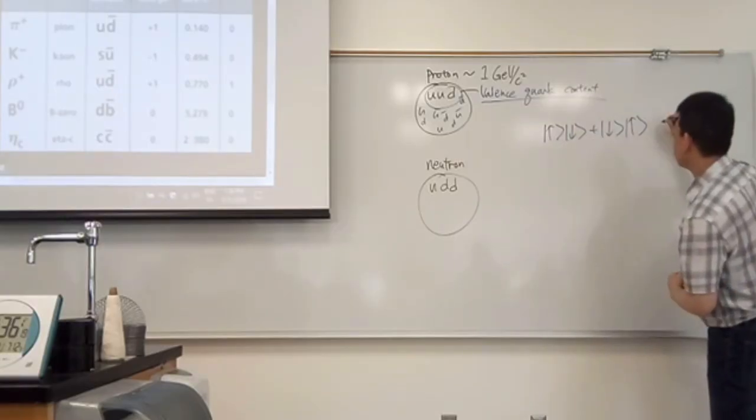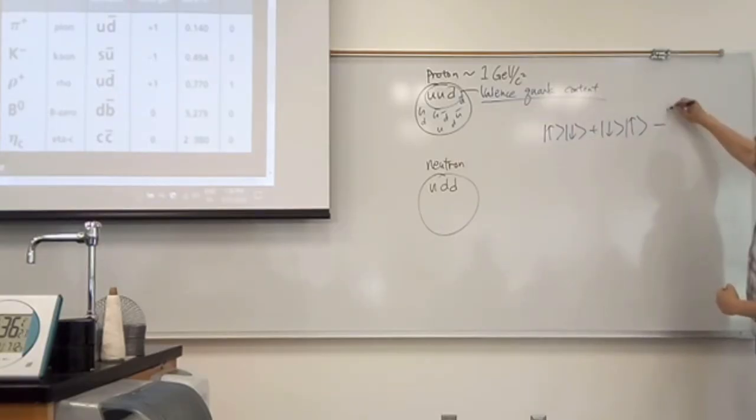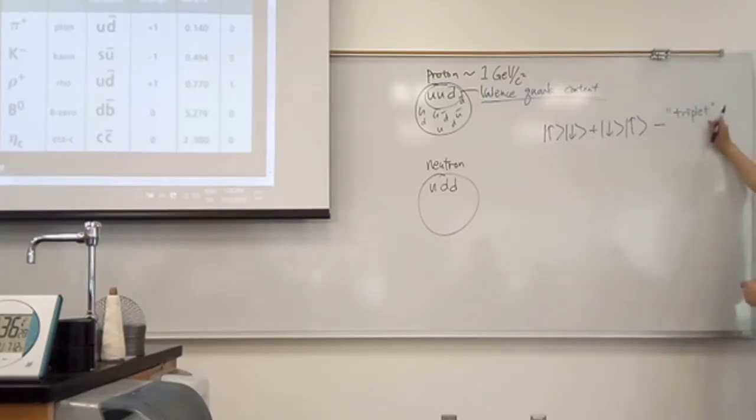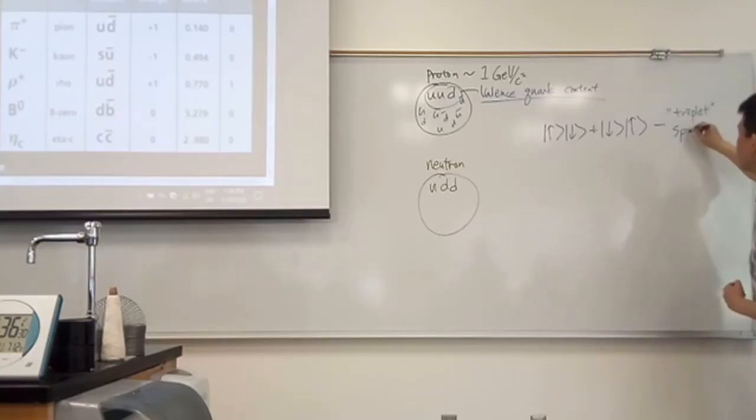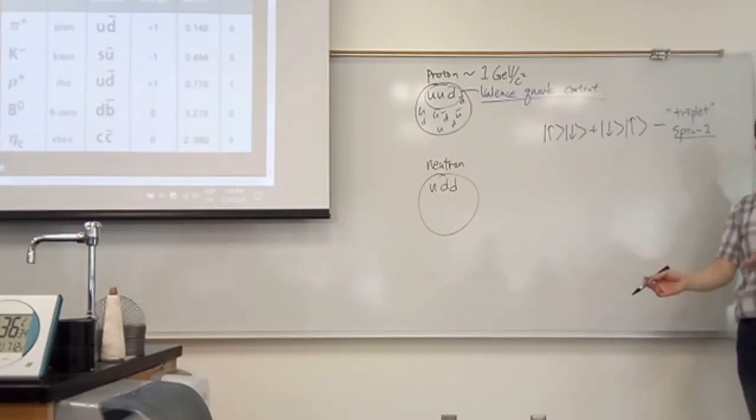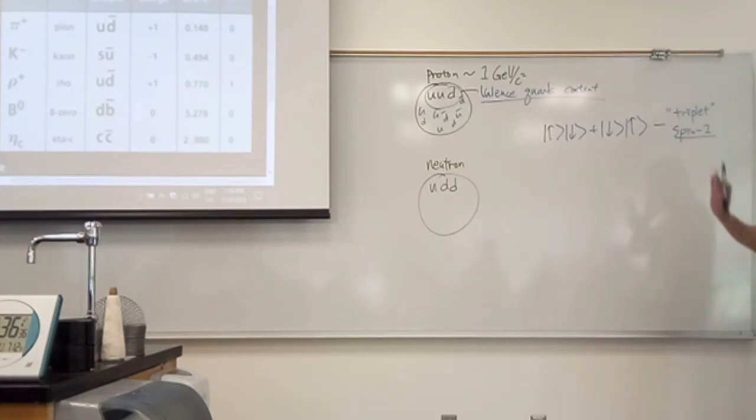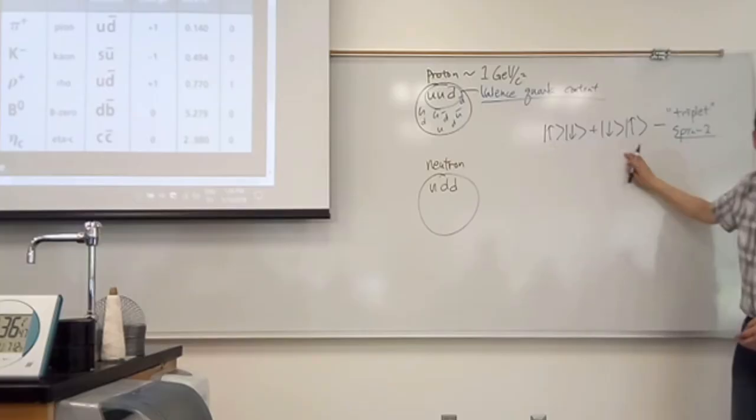When they're combined in this way, this is what's known as triplet configuration. And the reason it's called a triplet is because this is a spin 1 state, as you saw in the lab. But I won't test you on this on the exam because I can't. Once it's a spin 1, then it has 3 different projections, 1, 0, minus 1. That's why it's called a triplet. This is a symmetric configuration.